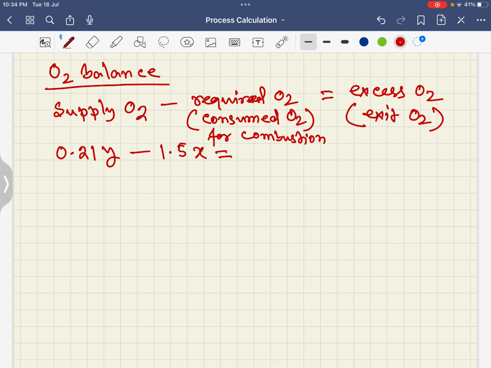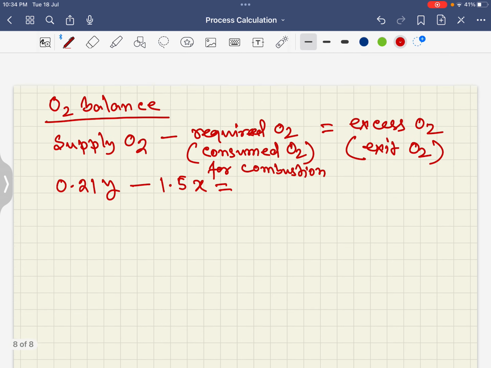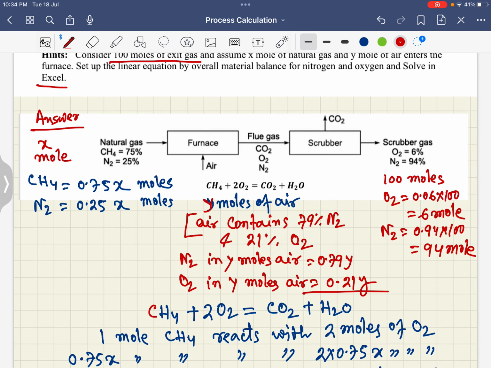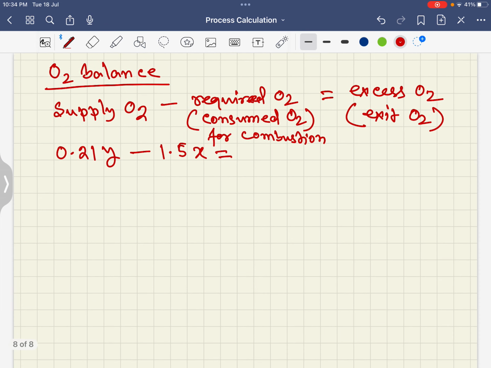And what is the excess oxygen? That is exit, so that is 6 moles. So that is equation number 1.